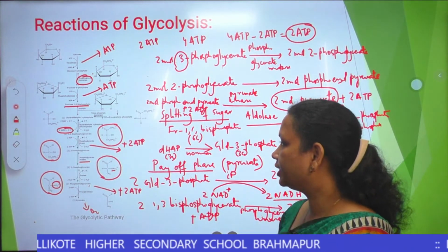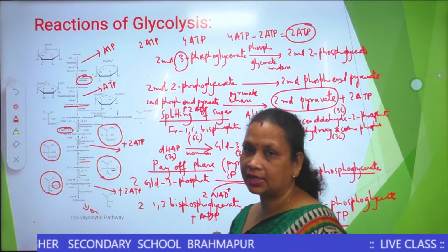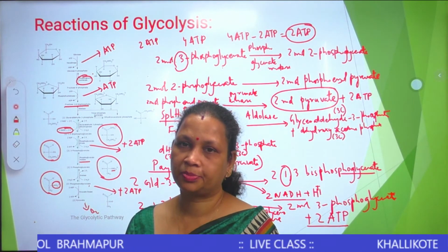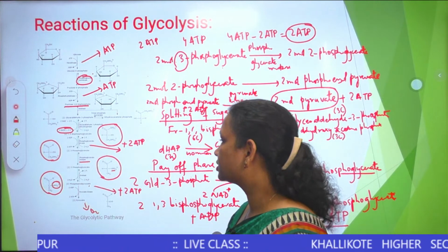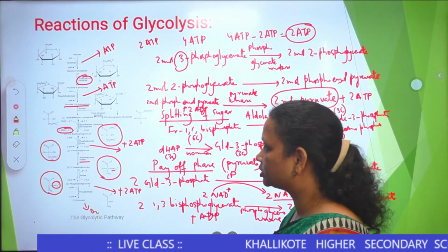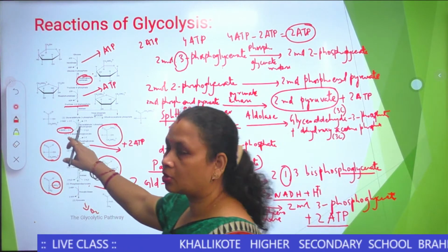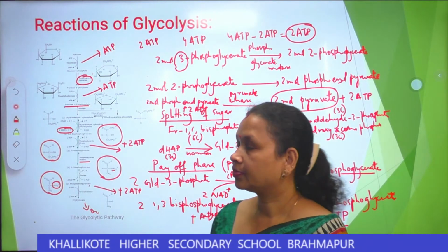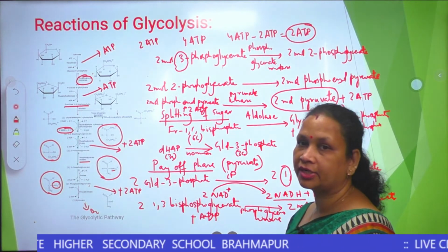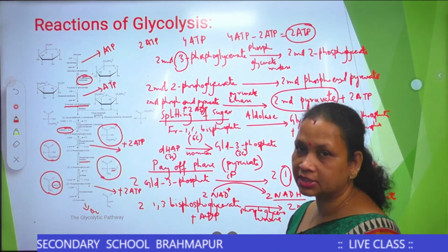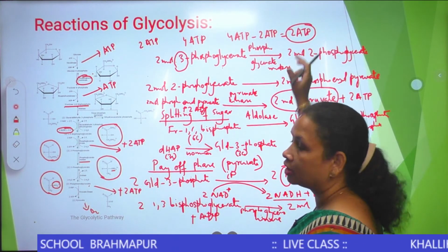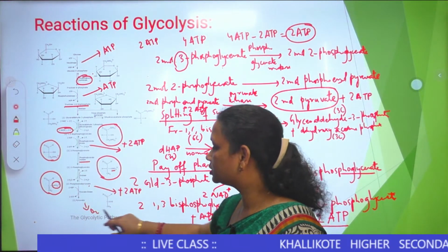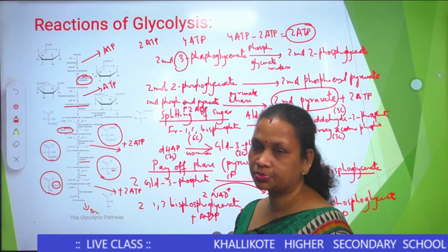So, 1 NADH molecule, we shall later see, can release up to 3 molecules of ATP. So, if that is the case, then if there is aerobic respiration, 2 NADH molecules will release an extra 6 ATP, and then the total gain of ATP if there is aerobic respiration can go up to 8 molecules of ATP.